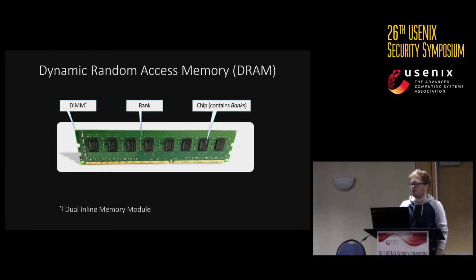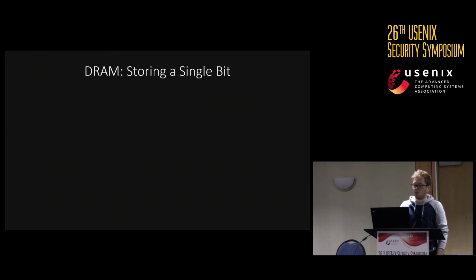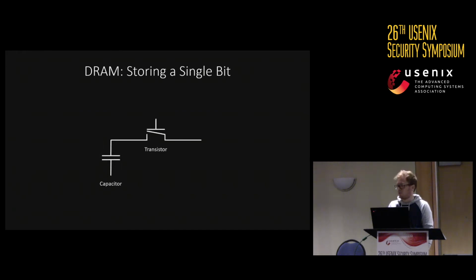But the question is, how can we actually store individual bits electronically? Basically, we only need 2 components for that. We need a capacitor, which acts as the electrical storage, and a transistor, which acts as a switch.